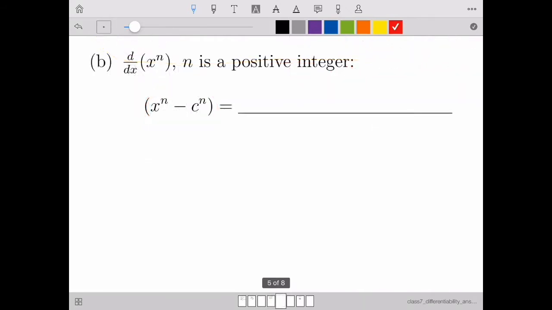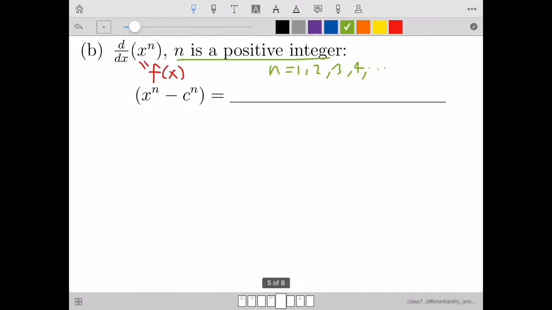The derivative of the function x to the n with respect to the variable x. Again, that's the formula of the function where n is a positive integer, so n is like 1, 2, 3, 4, etc. So what's the derivative? Well, let's recall x to the n minus c to the n.